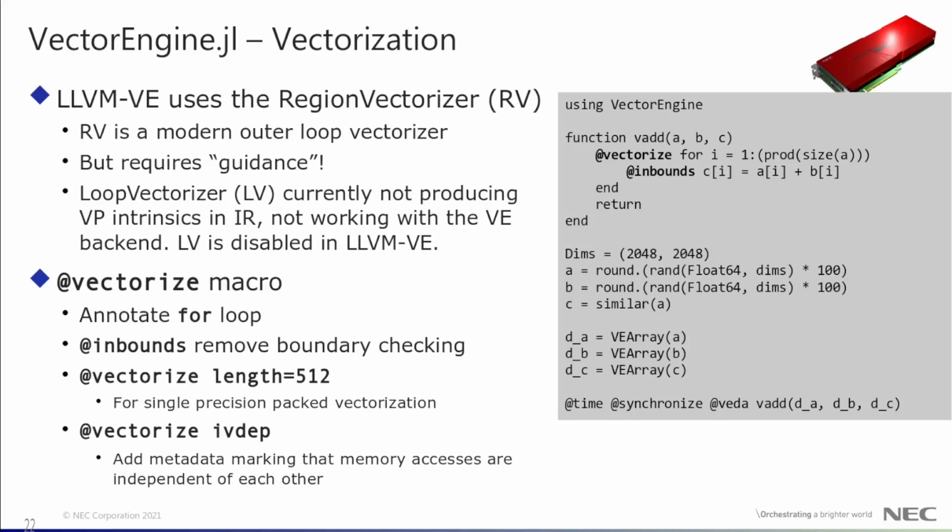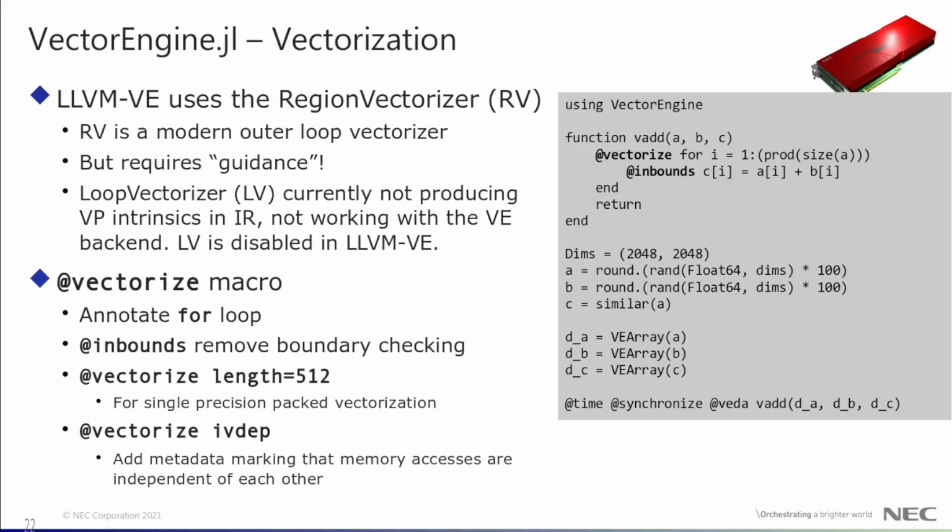In order to annotate loops, we are using a new macro. The macro is called Vectorize. We also need to use the inbounds macro to remove boundary checking, as known from other approaches to vectorization in Julia. The Vectorize macro has some options.